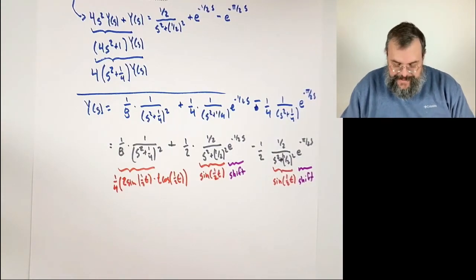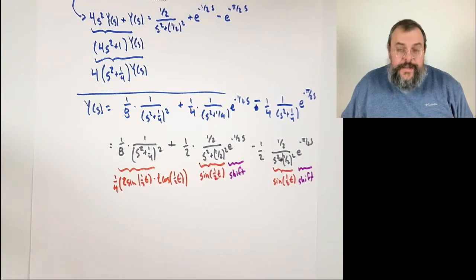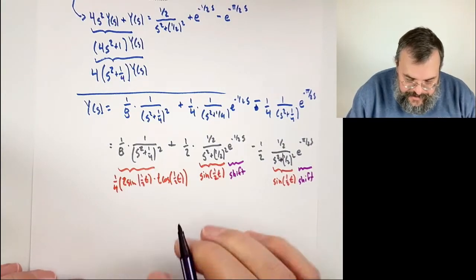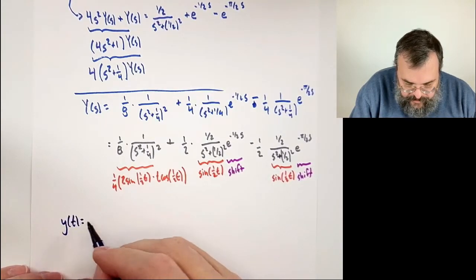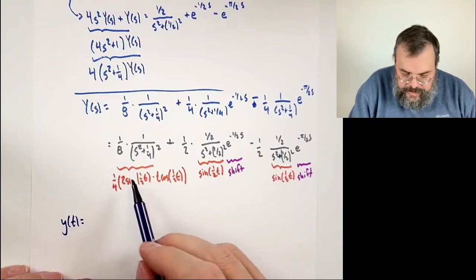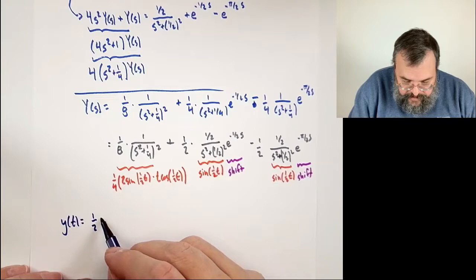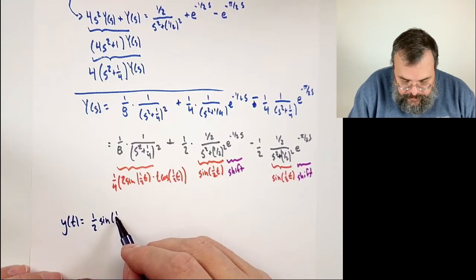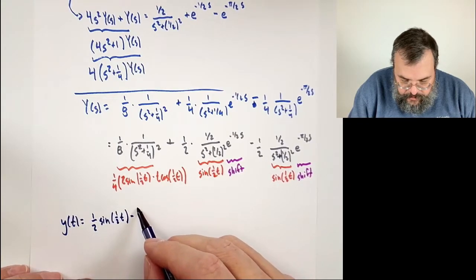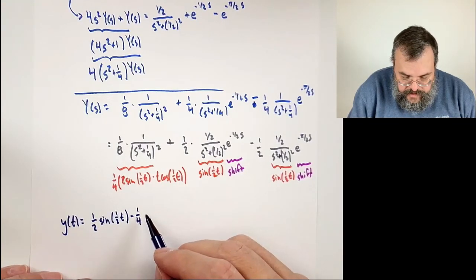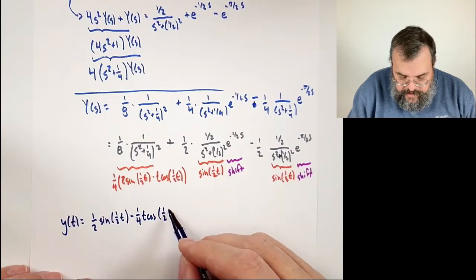Okay. So now we're ready because we know how to do the inverse Laplace transform. So we get that y of t is equal to, well, this first piece, we can distribute the 1/4 through. So 1/2 sine of 1/2 t, and then minus 1/4 t cosine 1/2 t.